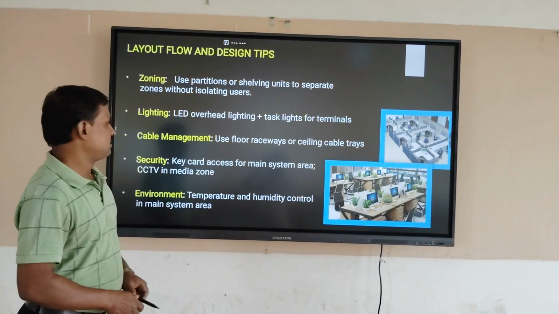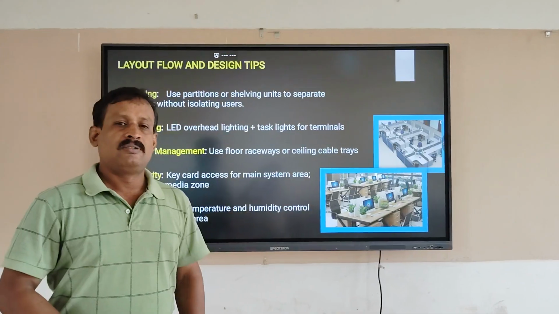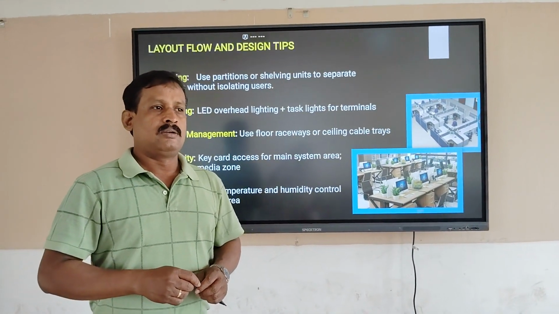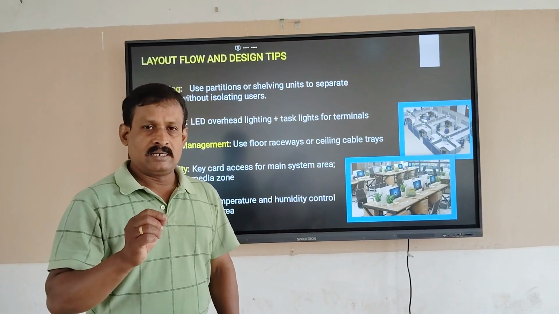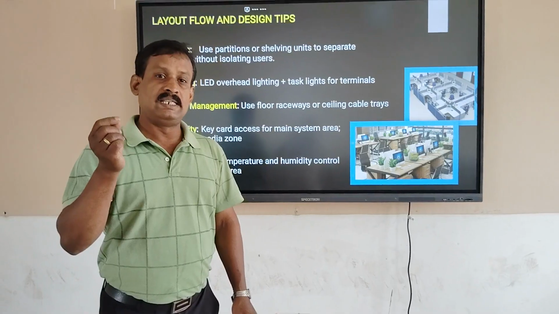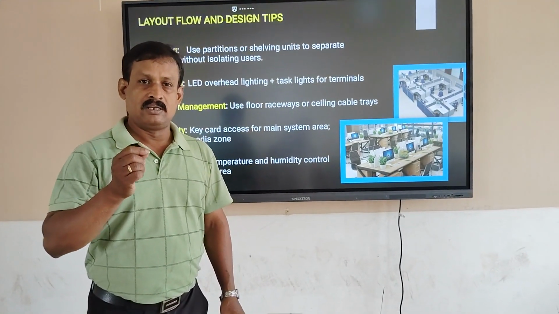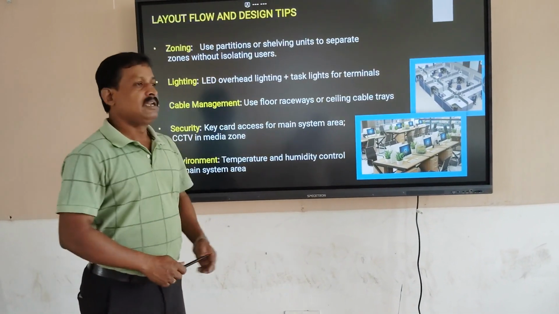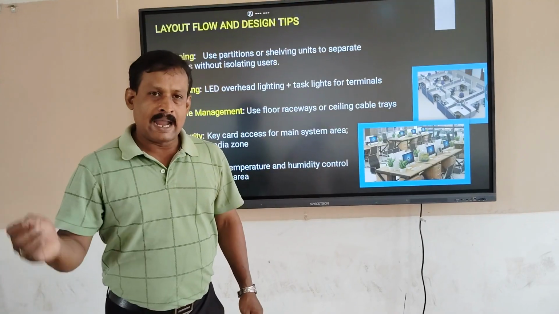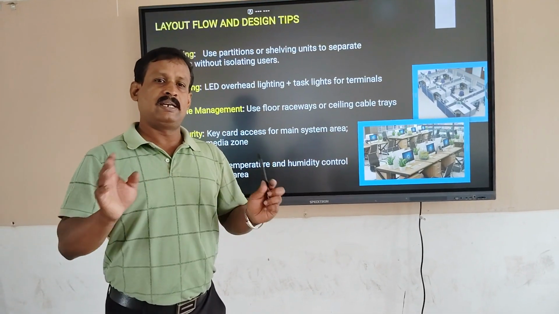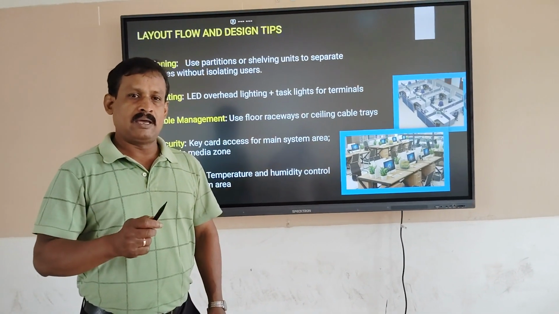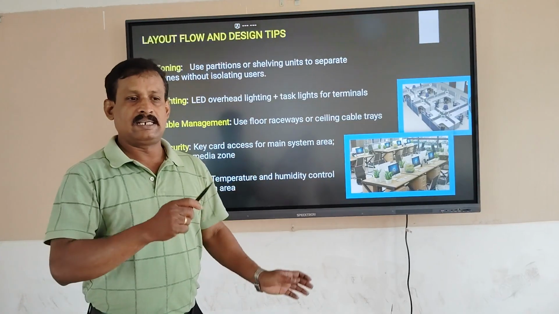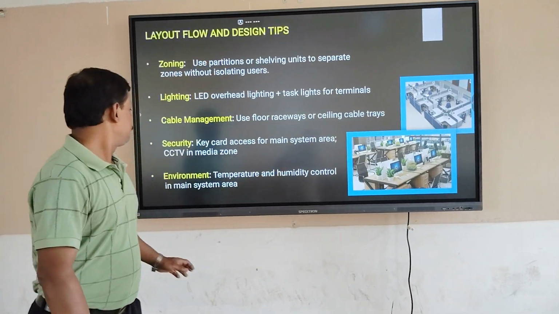Then security. Whenever we design or develop software, we should consider that no outsider should disturb us during working hours. For that purpose, we maintain some security measures so that the client or any outsider must take prior permission before entering the development area and sitting with the developer.